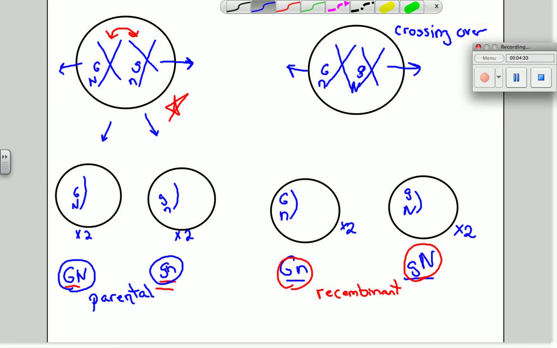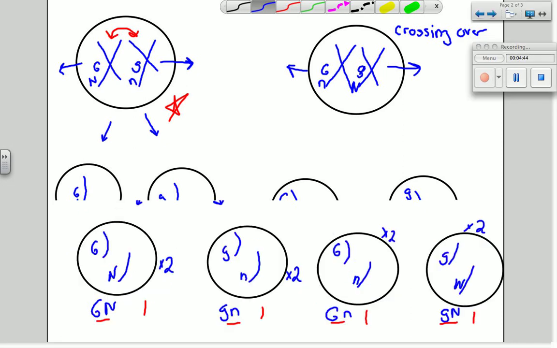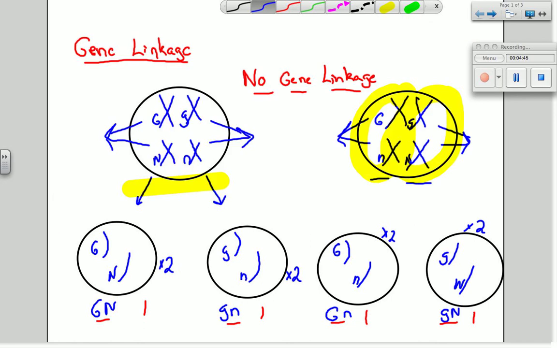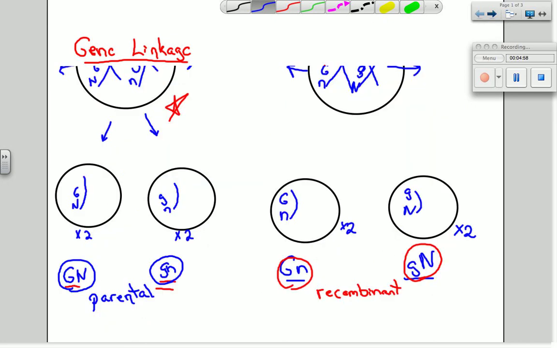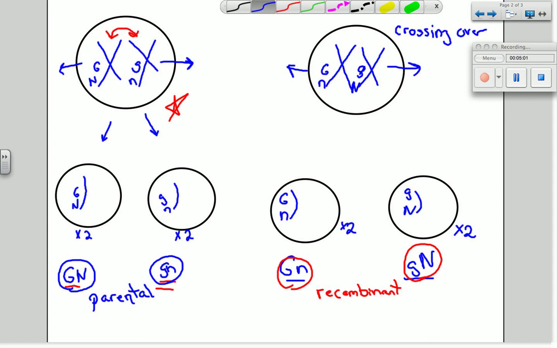Now, if you look at this, one thing you will notice is that these 4 genetically distinct haploid gametes that were produced from crossing over also look very, very similar to the 4 that were originally produced on unlinked chromosomes. So how are you supposed to tell whether these 4 different genotypes are due to crossing over or to unlinked chromosomes?